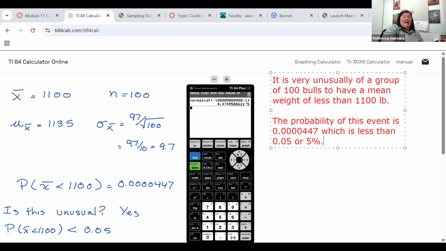So what this tells me is that I would expect a single bull to weigh 1,100 pounds. I would totally expect that to happen. That is well within the realm of possibility.